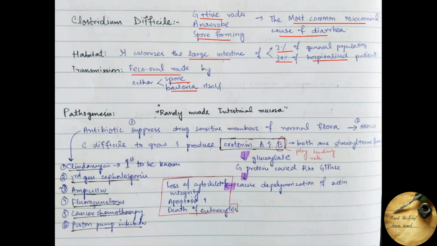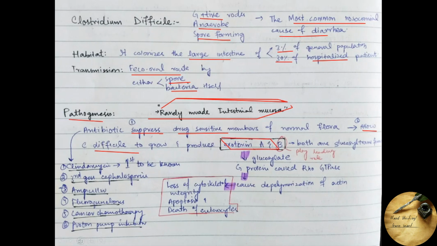Coming towards the pathogenesis, it rarely invades the intestinal mucosa. Pathogenesis is antibiotic associated. It means that antibiotics suppress drug-sensitive members of the normal flora, which allows Clostridium difficile to grow and produce exotoxins A and B, which are both glucosyltransferases.